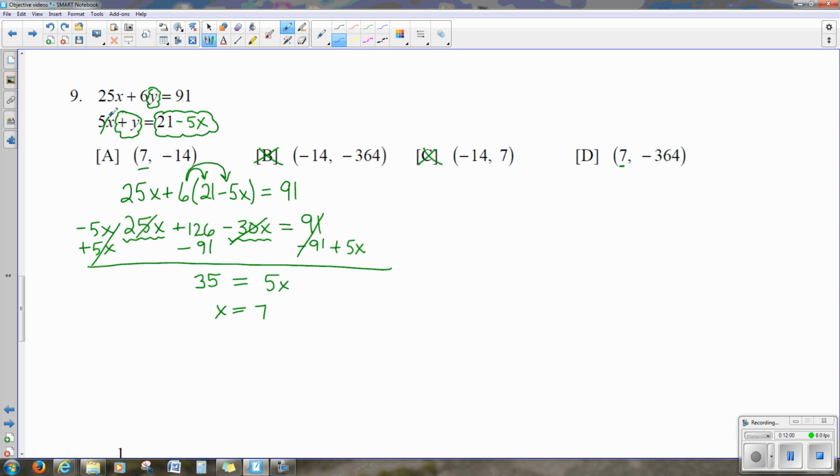Remember when I subtracted 5x from both sides so that I created y equals 21 minus 5 times x. Well, 5 times 7 is 35. So 21 minus 35. y equals negative 14. That means we want A.